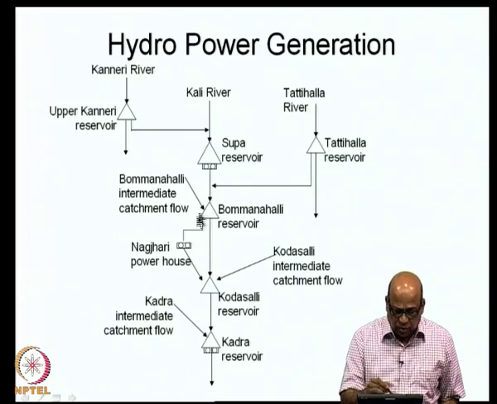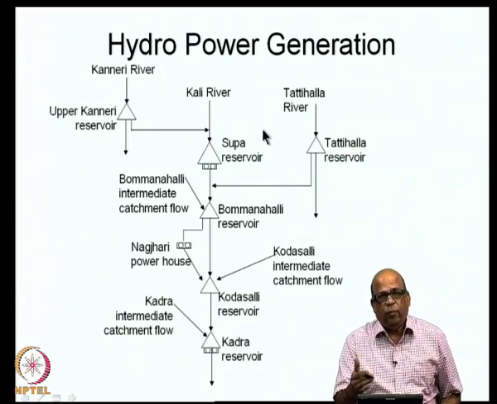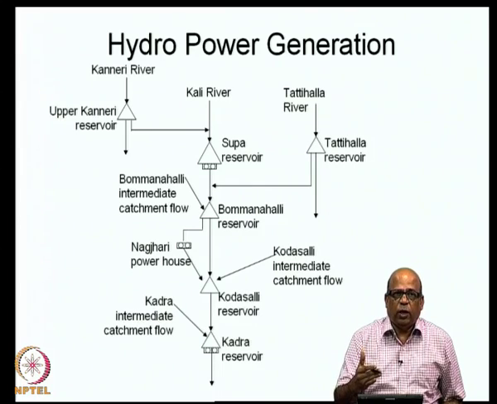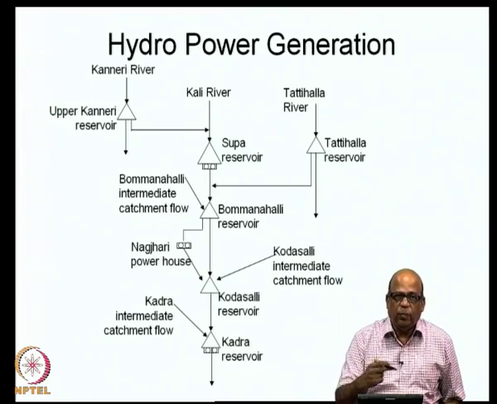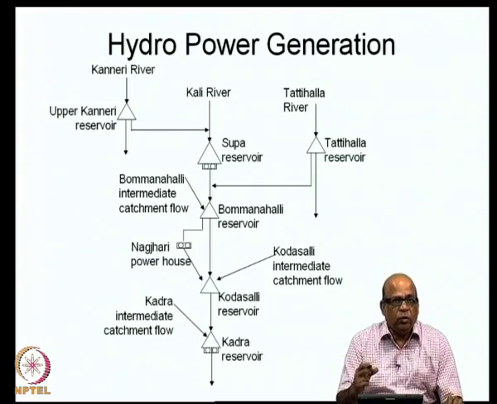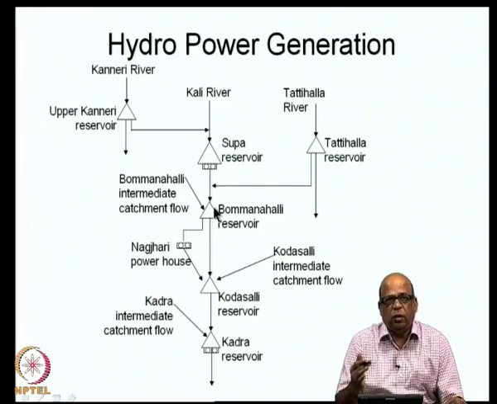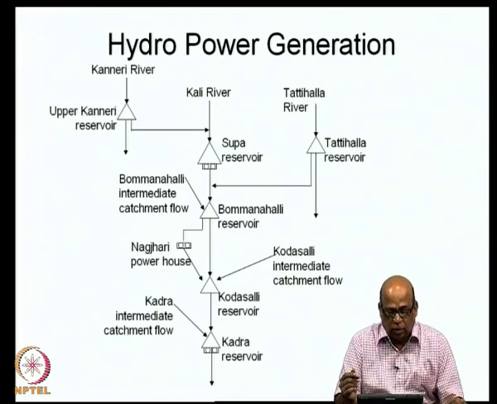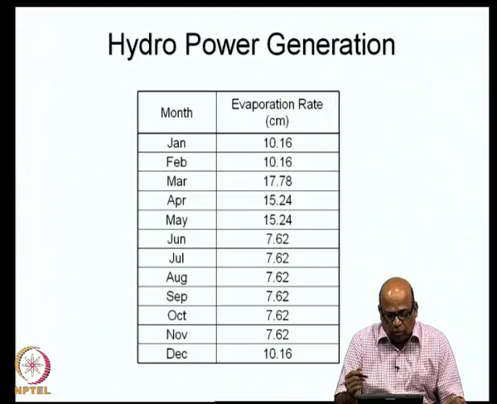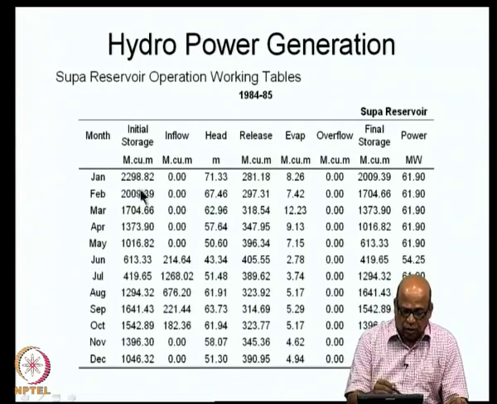So, you write the continuity equations at each of these reservoirs by accounting for what is coming from upstream reservoirs plus what is coming from the intermediate catchment flow, and then generate the power using the same single reservoir power simulation that we have studied earlier. So, typically then what you get in such a situation is the working tables.